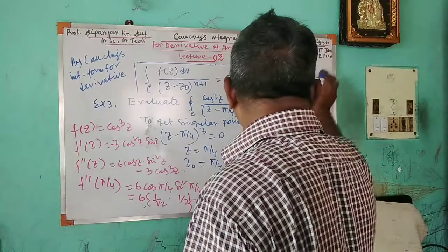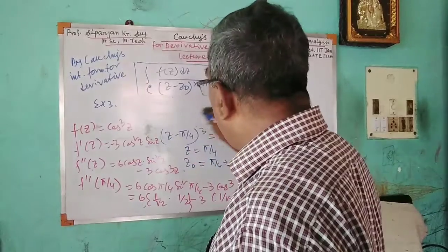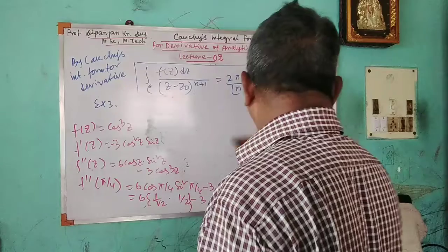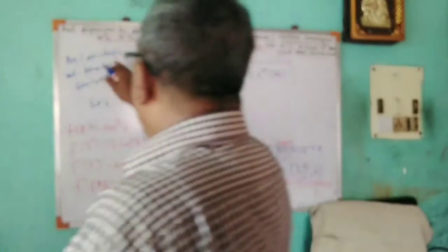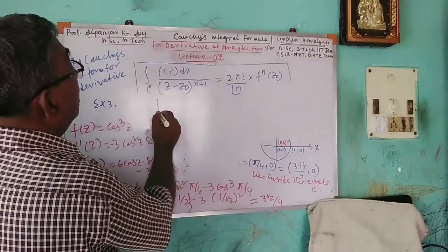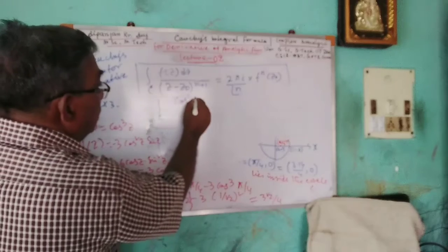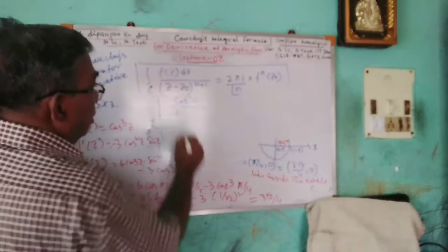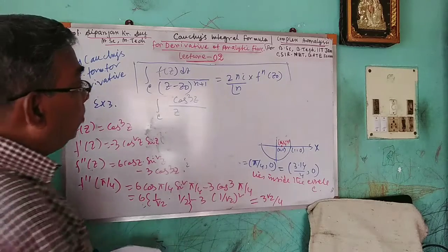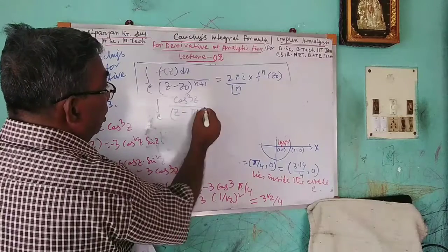Now I am just removing this part. So now by Cauchy's integral formula for derivative, you have to write this part. I am putting the integral over C of f(z), which is cos cubed z, over z minus z0, where z0 is pi by 4, that is z minus pi by 4 whole to the power 3.